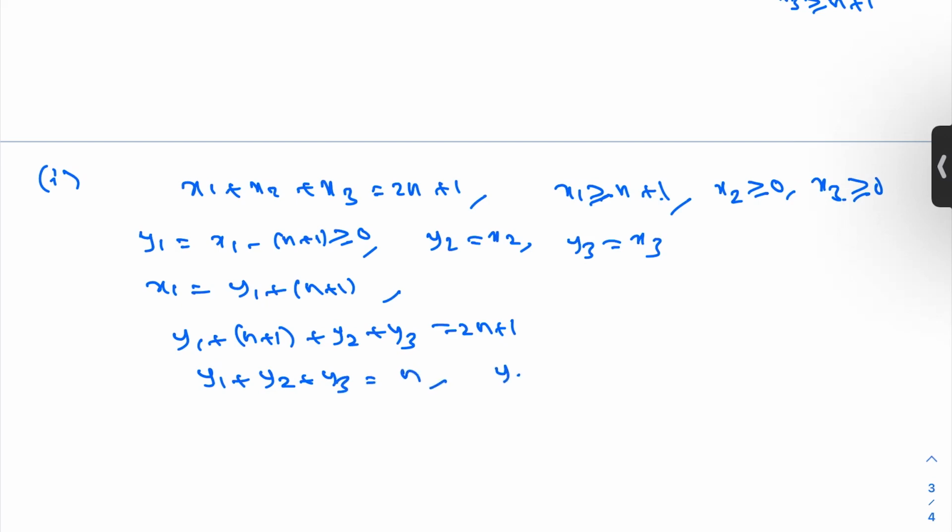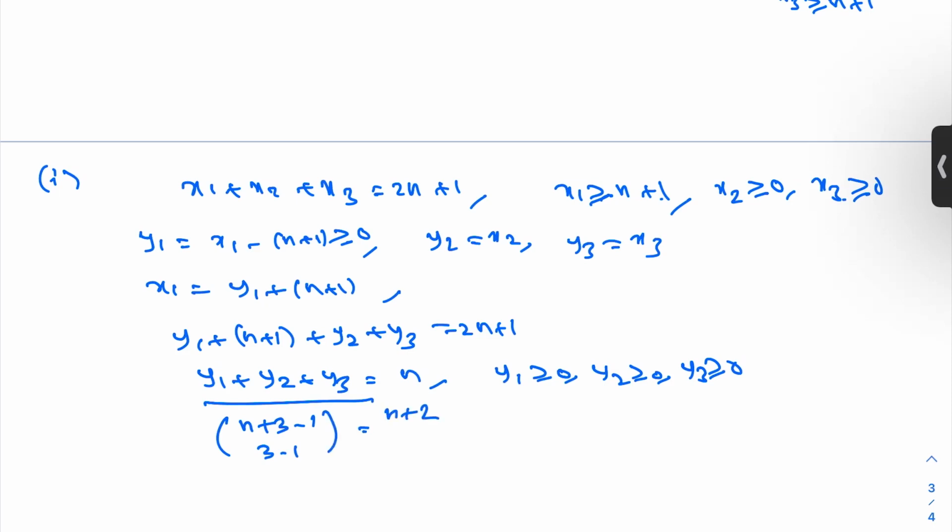Here y1, y2, y3 are non-negative. Now we are interested in non-negative integer solutions of this equation. So it's going to be n plus 3 minus 1, choose 3 minus 1, that is n plus 2, choose 2. This is the count for this case.